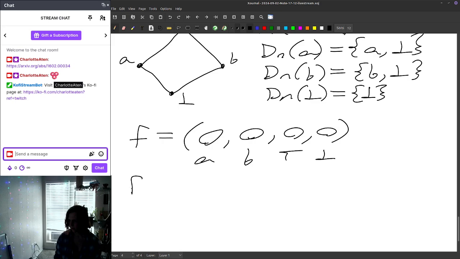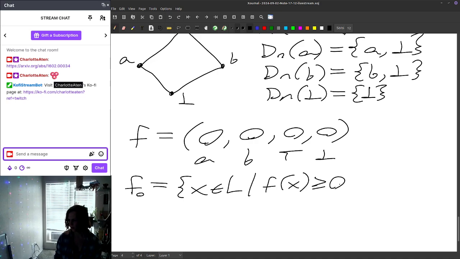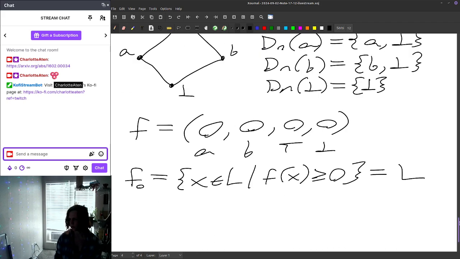Well, then f sub 0 is all of the things in my lattice with the property that f of that thing is greater than or equal to 0. It's actually true that each of these things is greater than or equal to 0. So that's the whole lattice, and that is one of our principal downsets that we found. So that seems fine.